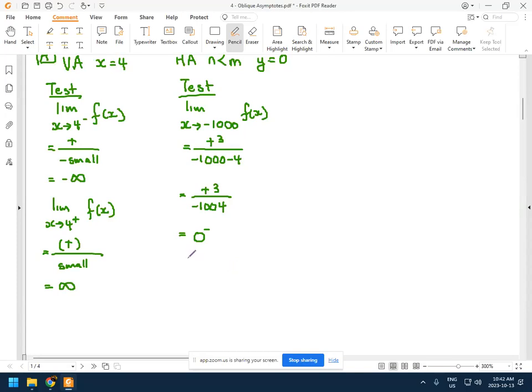I'll close that door in a second. Limit as x approaches positive infinity of the function.